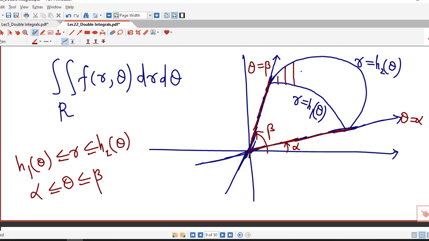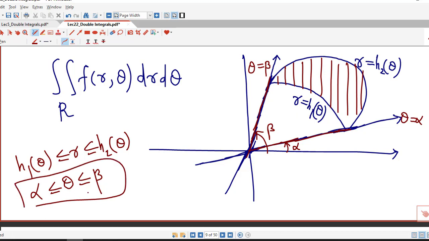Suppose we want to evaluate the double integral in this region. We can see here the limits of theta are constant, theta equal to alpha to theta equal to beta, and r is a function of theta from h1 theta to h2 theta. In polar integrals we will always integrate first with respect to r and then with respect to theta, as compared to Cartesian double integrals.